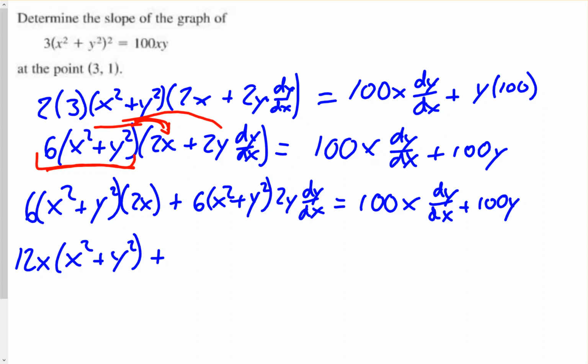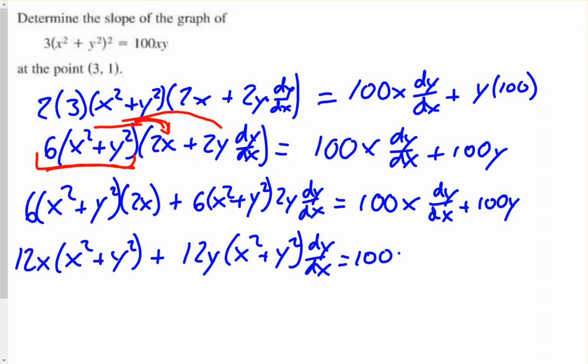And so that would be 12y times x squared plus y squared times dy dx, plus 100y.